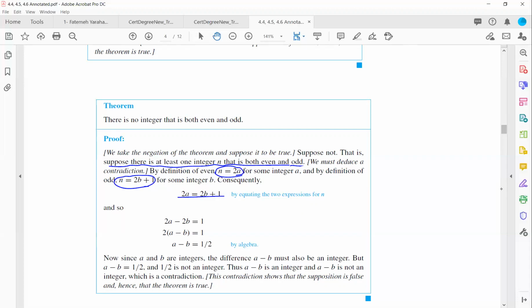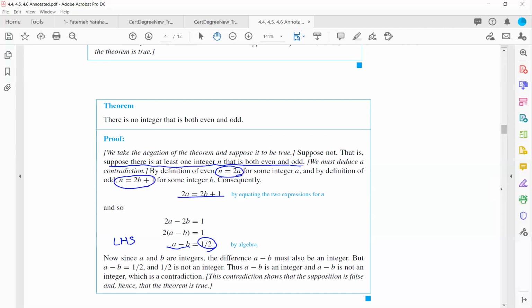What's the meaning of that? If I start solving this equation by subtracting 2b from both sides and factoring, a minus b, which is the difference between two integers, is now a fraction, one half. But it doesn't make sense. On the left-hand side, I have two integers, and their subtraction is definitely an integer.